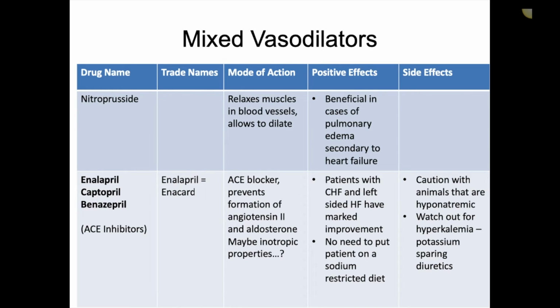Patients with congestive heart failure and left-sided heart failure have marked improvement on these drugs. No need to put a patient on a sodium-restricted diet, which is excellent, because they're not retaining the amount of sodium in the body. Side effects, caution with animals that are hyponatremic, because we actually don't want to lose too much sodium, and watch out for hypokalemia, especially when we're using potassium-sparing diuretics.